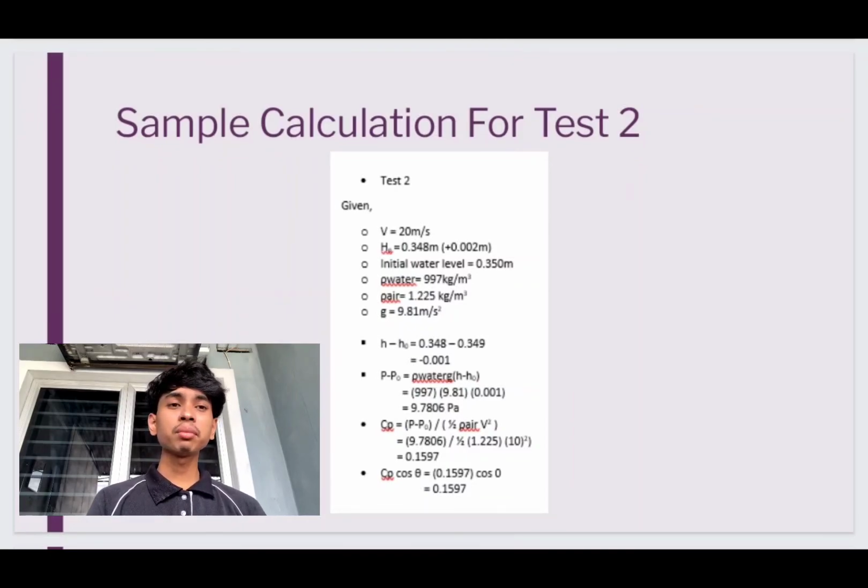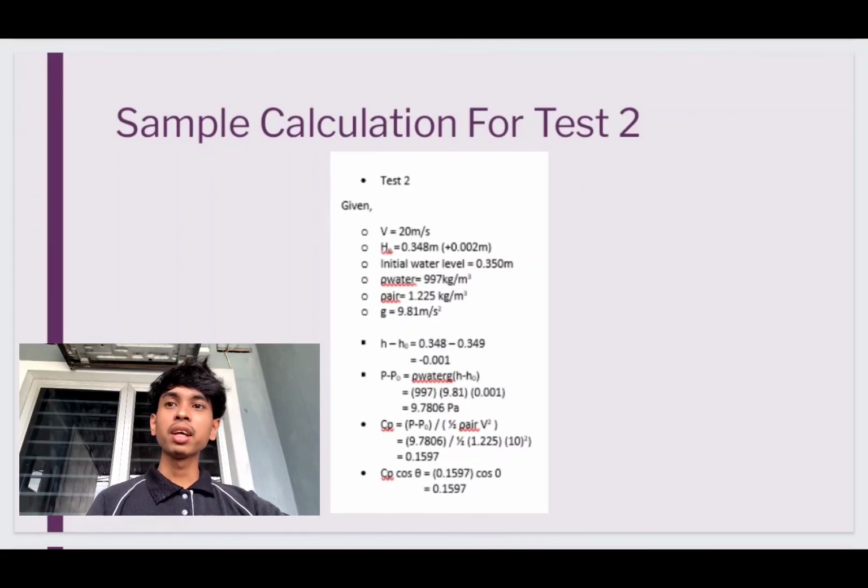To find H minus H naught, it will be 0.348 minus 0.349, and we will get negative 0.001. So the value will be inserted to find P minus P naught. The formula for P minus P naught is rho water times gravity times H minus H naught.